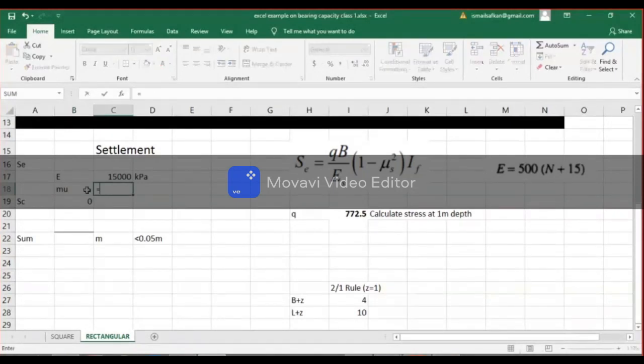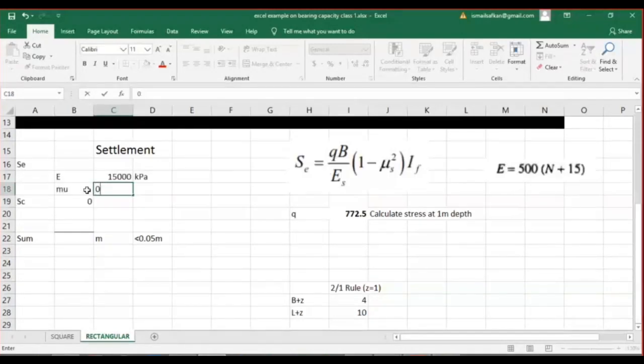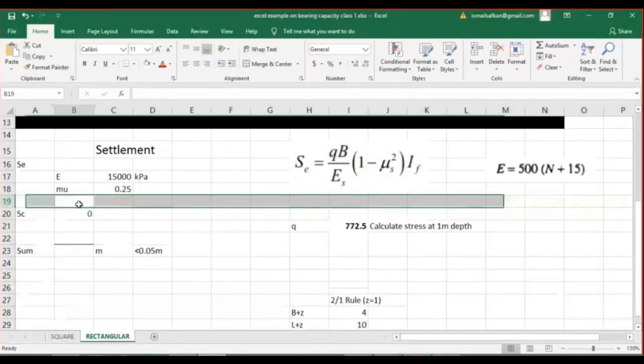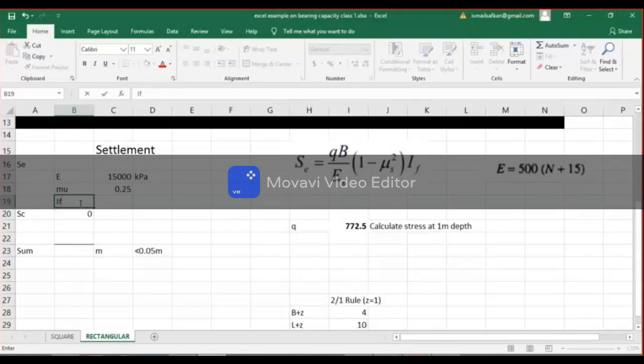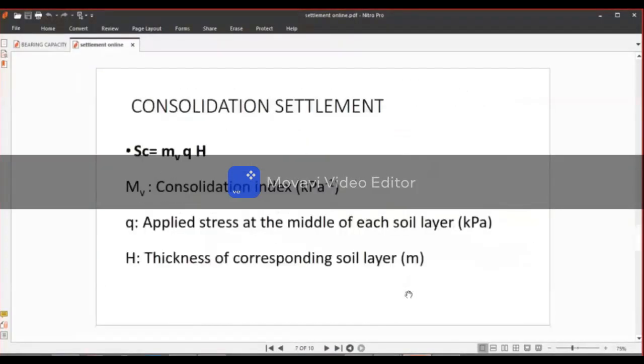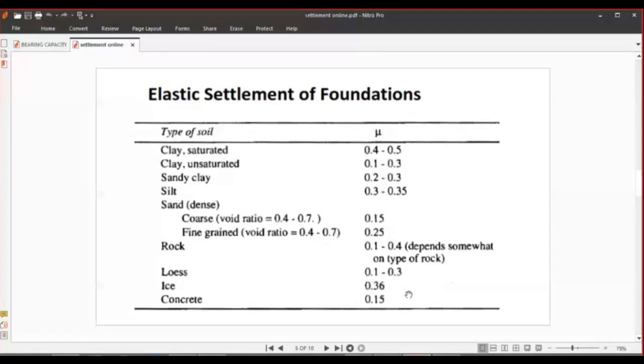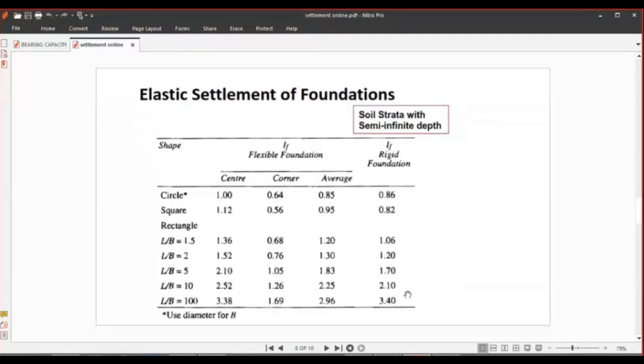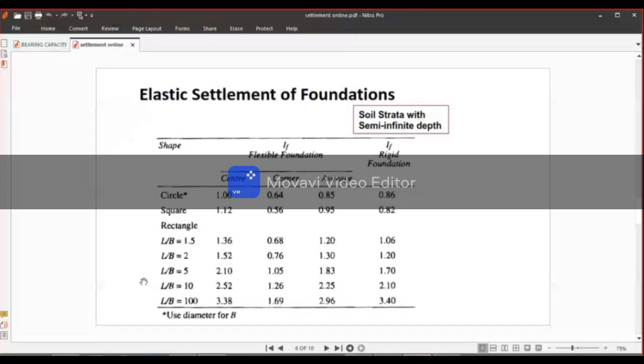Mu equal to... IF is 1.12 we initially set for the worst case scenario. 1.12, or let's calculate for the rectangular shape.